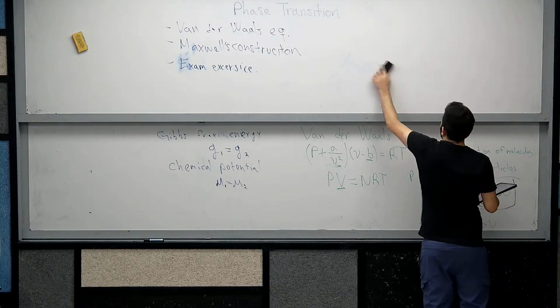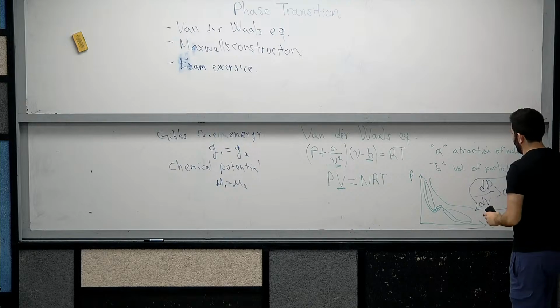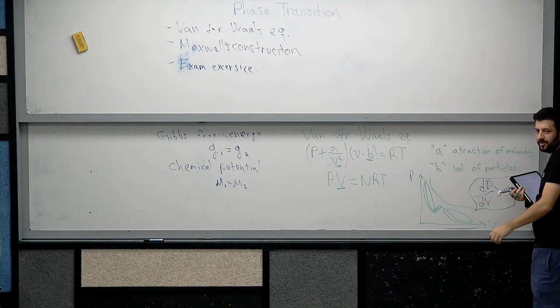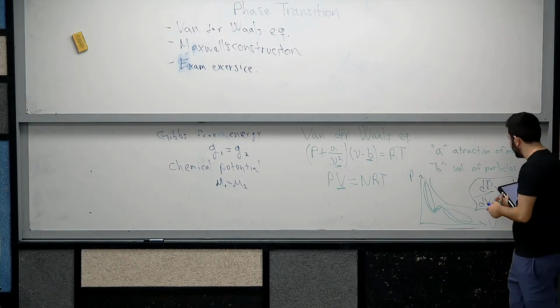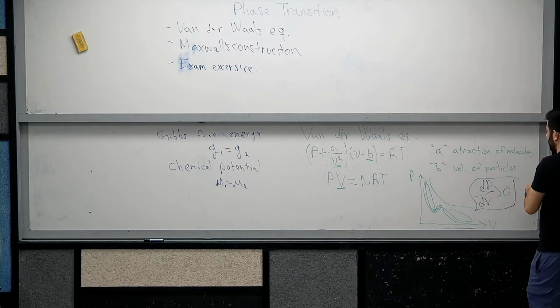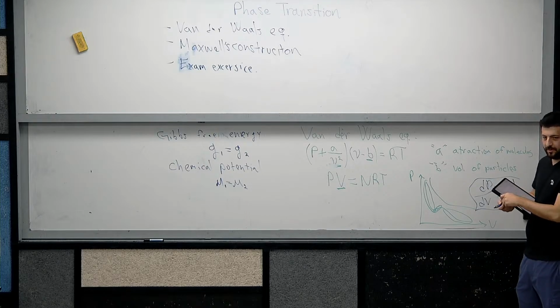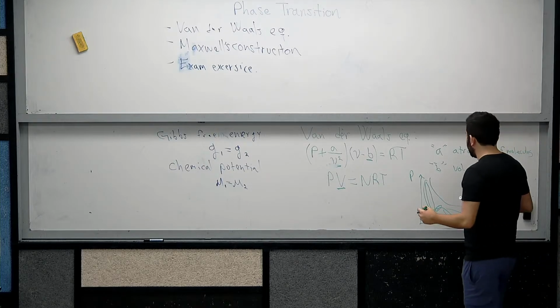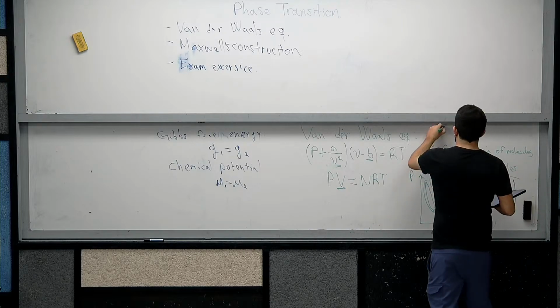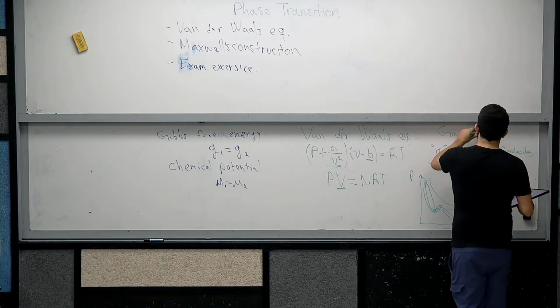The other idea is that something is terribly wrong with our theory. We know that our mathematics are telling us that something is weird, and the idea is that we are undergoing a phase transition. We are going from gas to liquid.